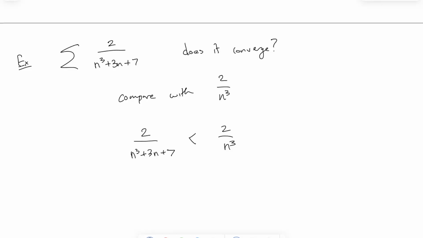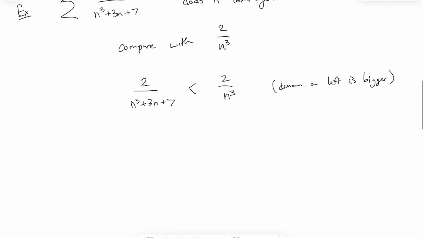But that's true, and the reason is that the denominator on the left is bigger. Those are two fractions which are otherwise equal, but the denominator on the left side is bigger, and that's why the one on the left is a smaller number.